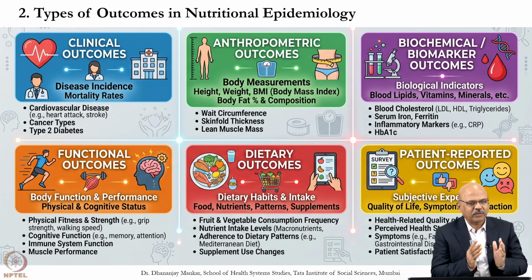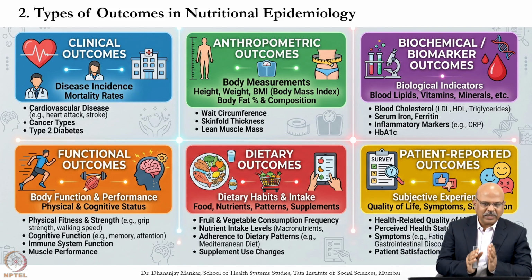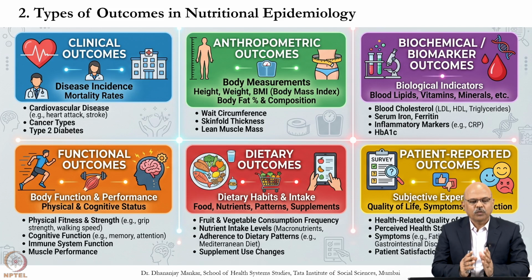Functional outcomes, like physical fitness and strength, for example grip strength, walking speed, running. So it is the function and performance of the physical and cognitive status, of your mind and your physique, the muscles and the power. Cognitive function, for example memory and attention, immune system function towards the prevention of disease, muscle performance in activity.